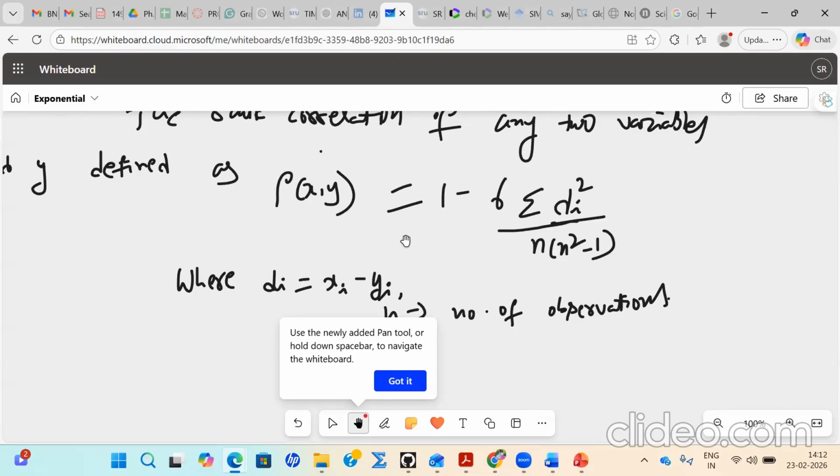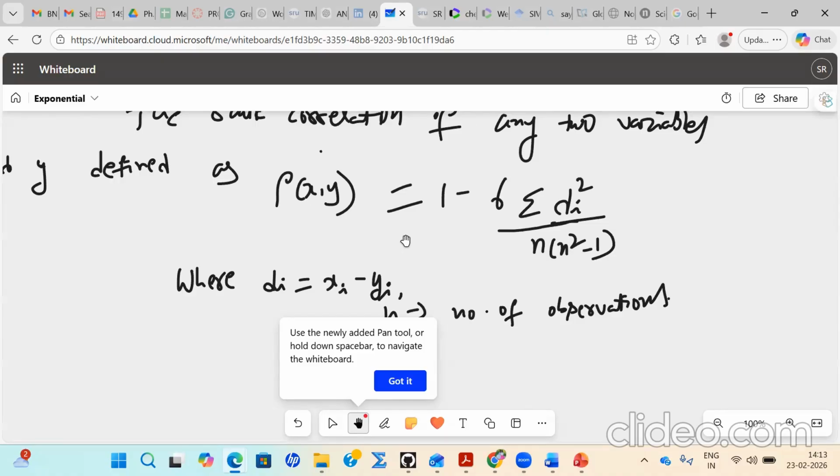Is that clear what I said? This is the general rank correlation without repeating marks. Sometimes marks may be repeated, right? In those cases, you have to use another formula. Is that clear?